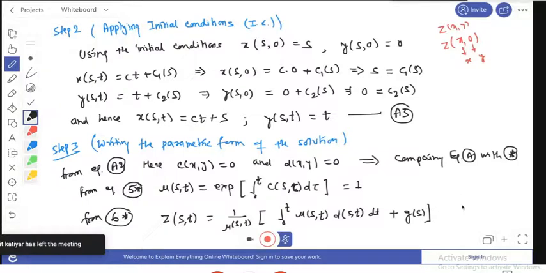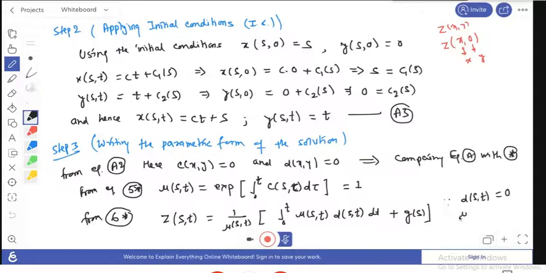And here the d of st is 0, given. The mu of st, you have already found, equals 1. So our value of z of st, if you put in this value, is 1.